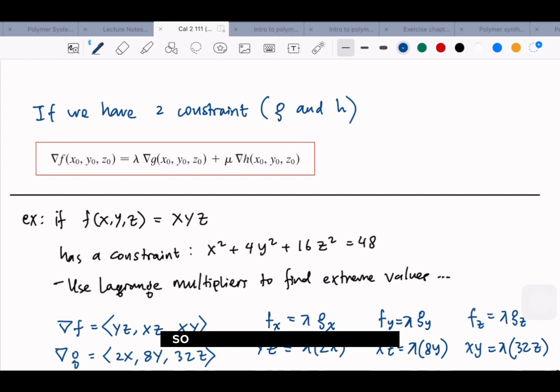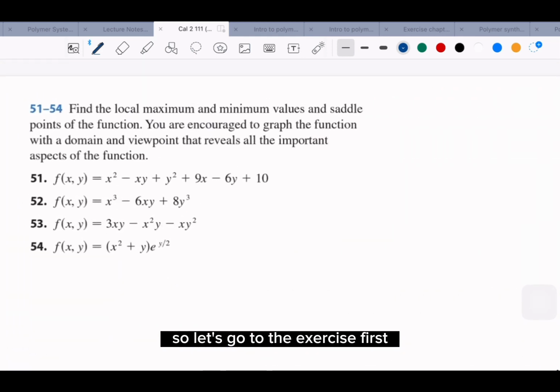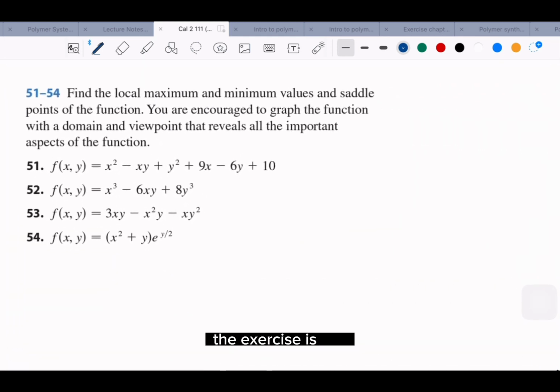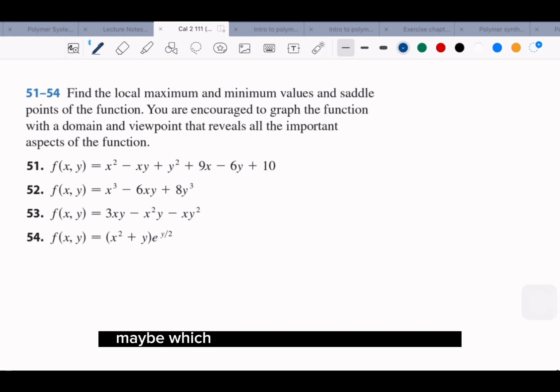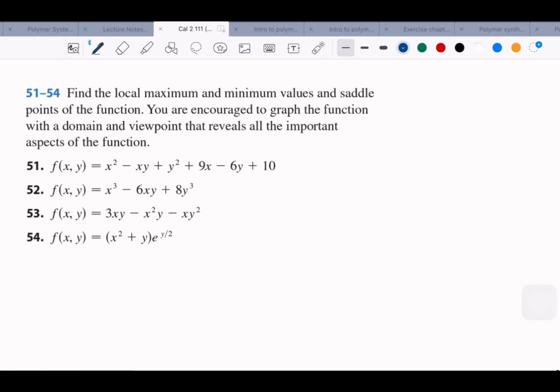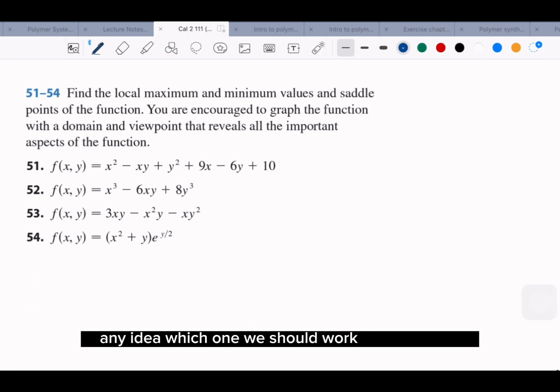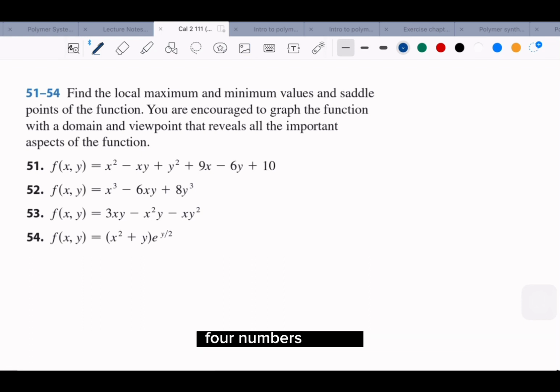Okay, so let's go to the exercise. But first, the exercise is this local maximum and minimum. Maybe we could choose which one we want to work on. Any idea which one we should work with from these 4 numbers?